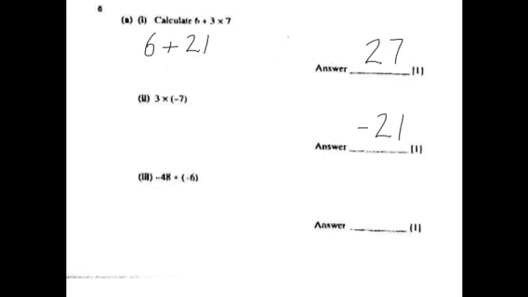And this, I'm going to guess that this question, I can't read it, it is very blurred. Let me just see if I zoom in. No, it doesn't really help things. I think it's minus 48 divided by minus 6.